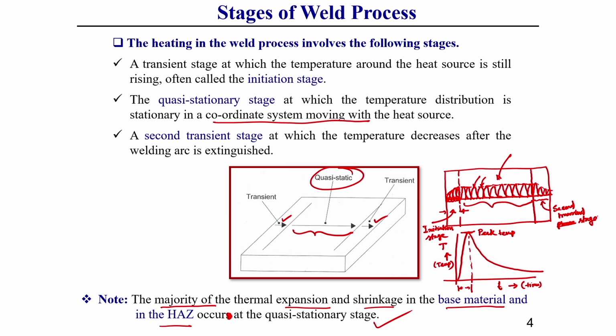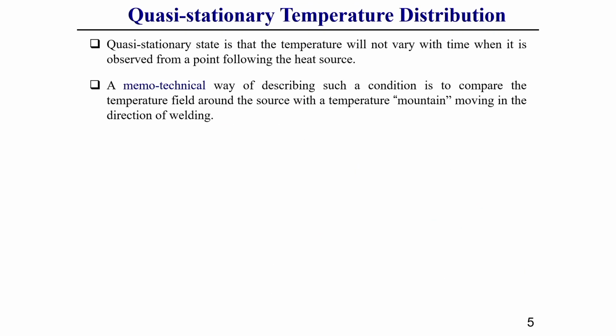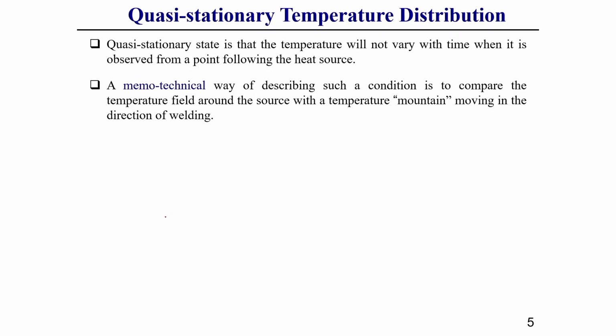Now, we will discuss the quasi stationary temperature distribution over a weld line, how it is varying. Okay. So, let us see, I am drawing this. What we observed in the previous slide is that there are two different stages, one is called the transient stage and another is called the quasi stationary stage.